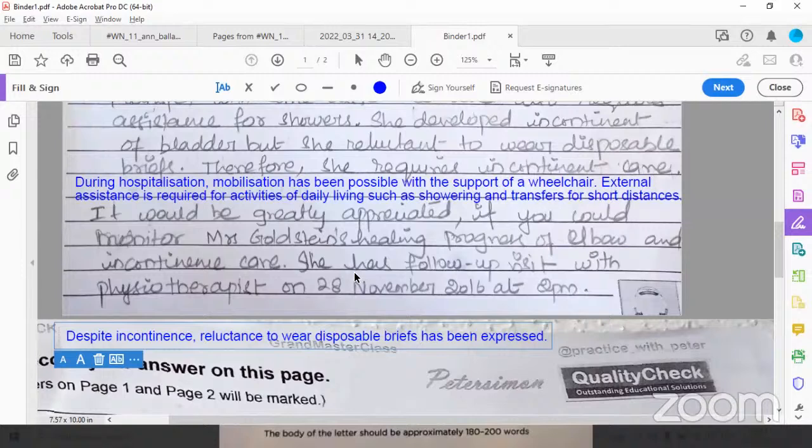Okay, so simple as that. Despite incontinence, reluctance to wear disposable briefs has been expressed. That means she has incontinence. Even after that, she is not interested to wear disposable briefs, and that has been observed or noticed or reported or mentioned or expressed. Right, that's it.